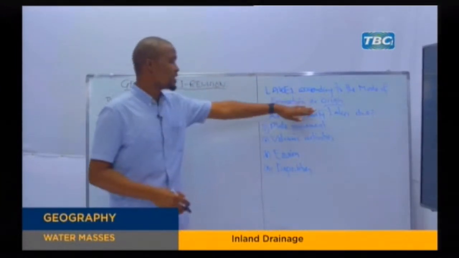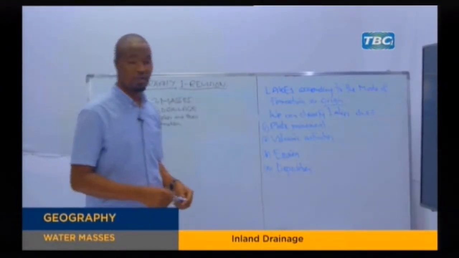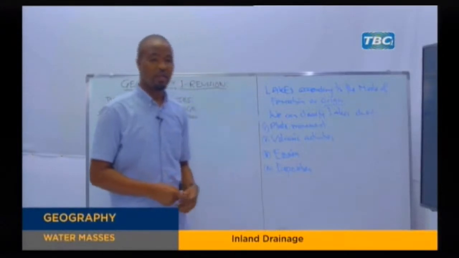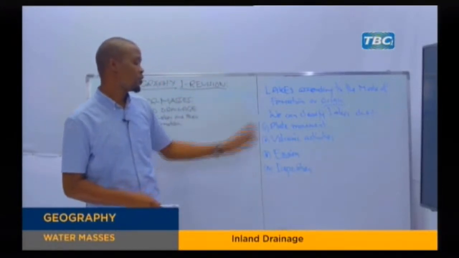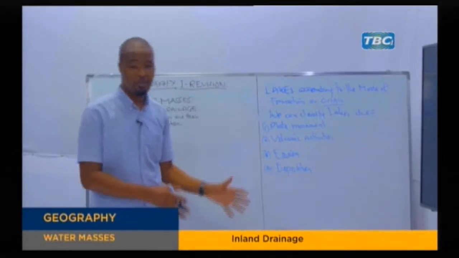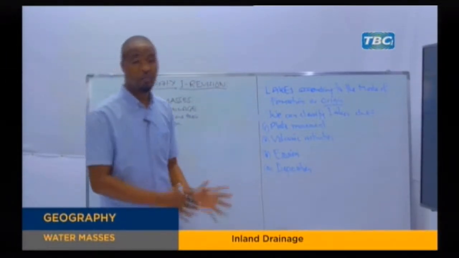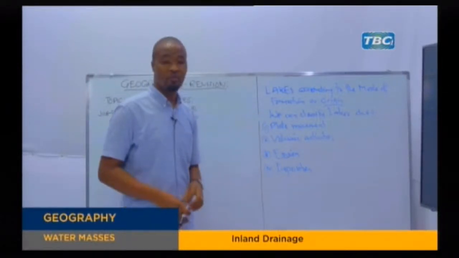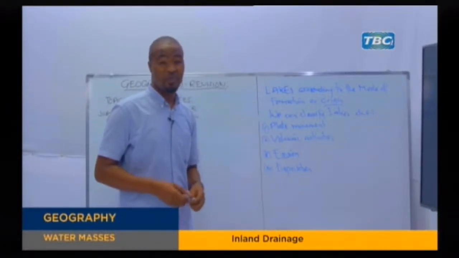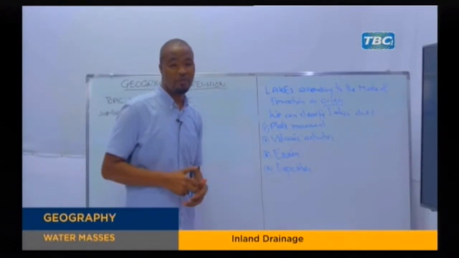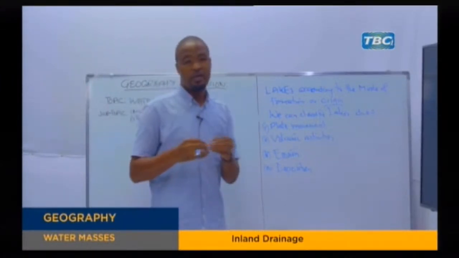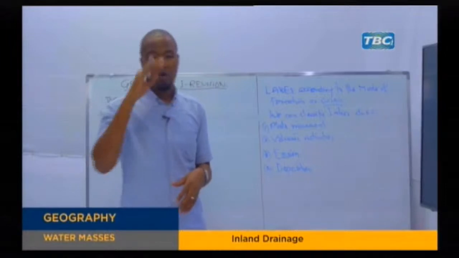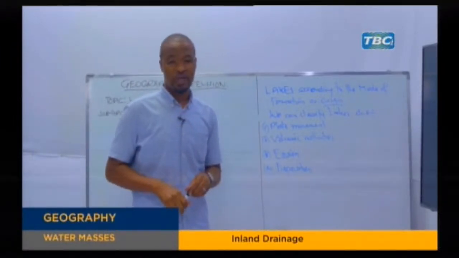Let us see different lakes according to mode of formation or origin. As I said earlier, we are going to classify lake according to what happened to the land, what happened to the earth's crust. So we start with the plate movement or earth movement lakes. These are lakes formed after either divergence or convergence or upward movement and downward movement of the land.